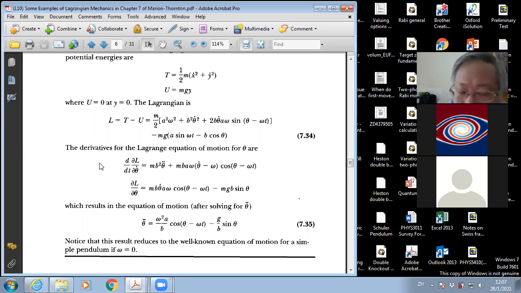Now, in the first year Newtonian mechanics course, you are asked to write down Newton's equation of motion, and then you are required to solve these equations of motion explicitly, right? However, in this course, you are taught a set of systematic procedures based on Lagrangian and Hamiltonian to write down or derive the desired equations of motion.